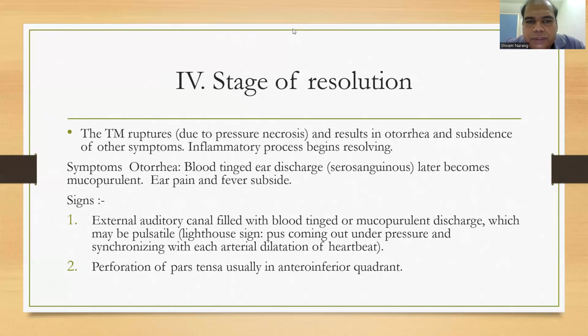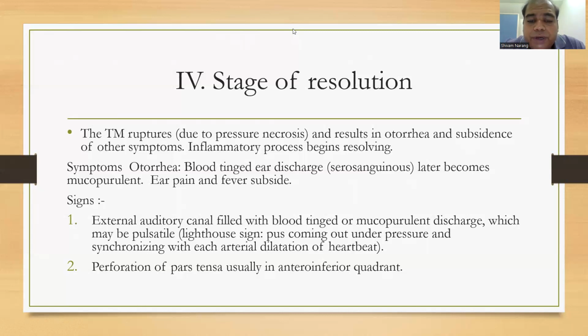That yellow point leads to rupture of the tympanic membrane and all the discharge collected in the middle ear cavity comes out through the perforation. So this results in otorrhea and the symptoms which the patient is getting, like severe ache, fever, fullness of ear and decreased hearing, start to subside.